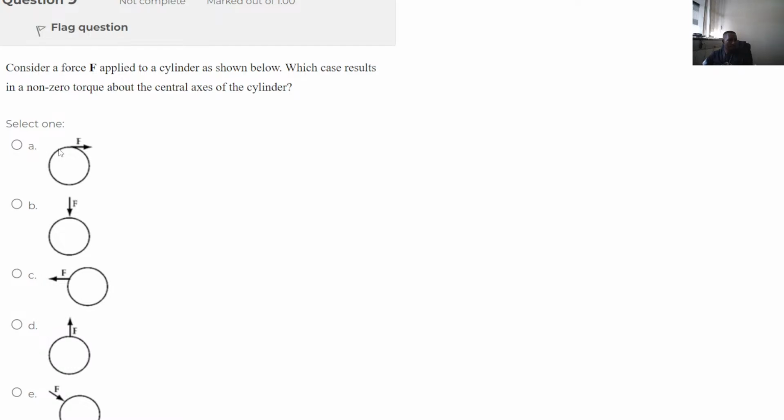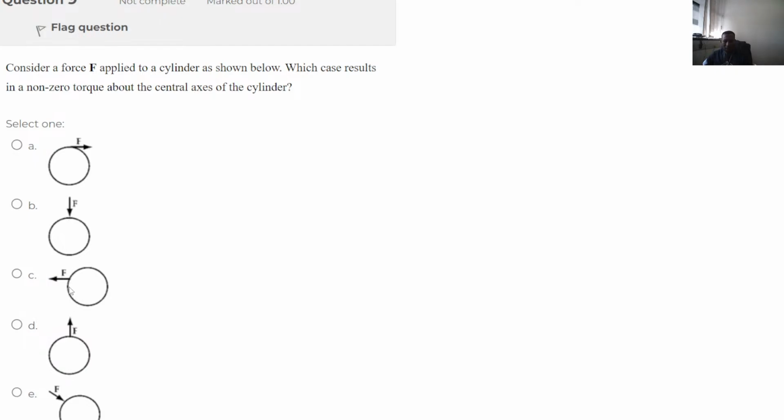Number A? Do you think number B? Number C? E or D? Basically, F and E are kind of the same that we discussed: centripetal, centrifugal. F, tangential. I'm giving you a hint.